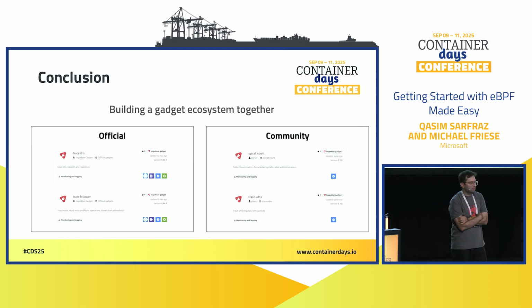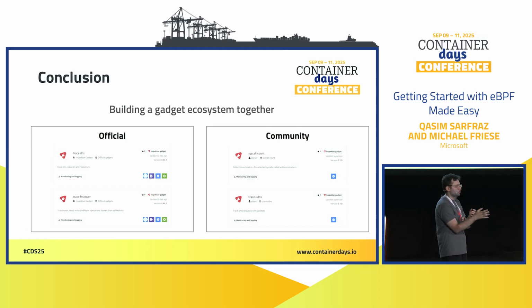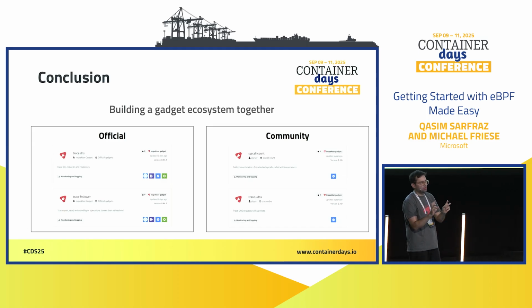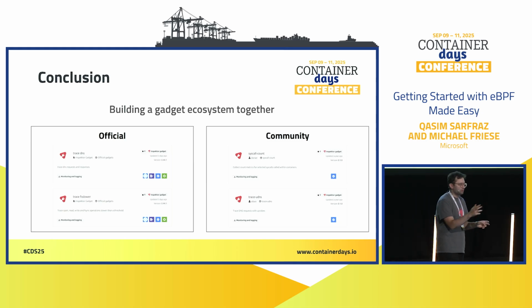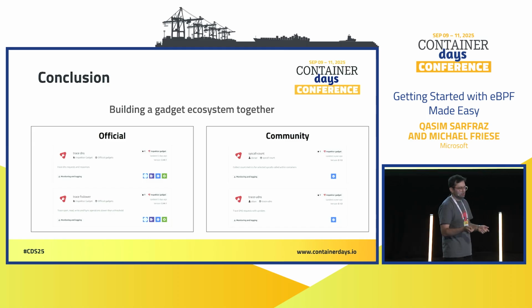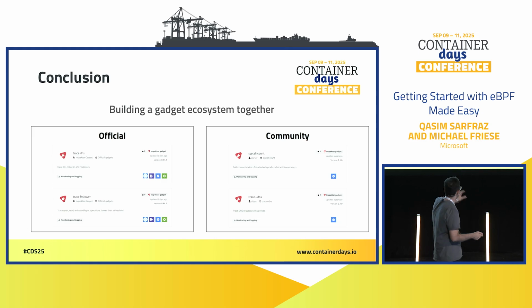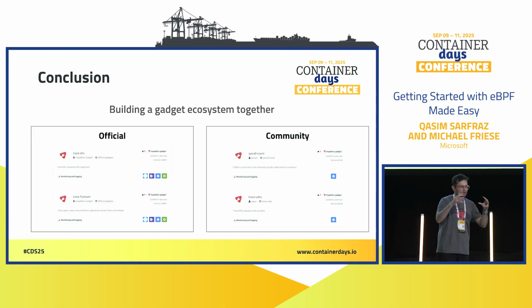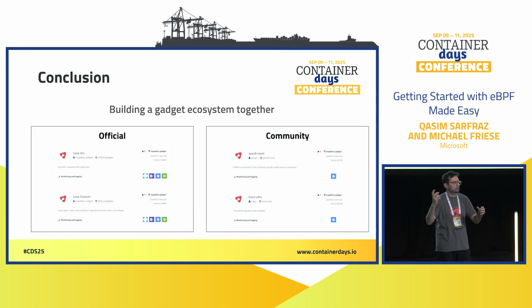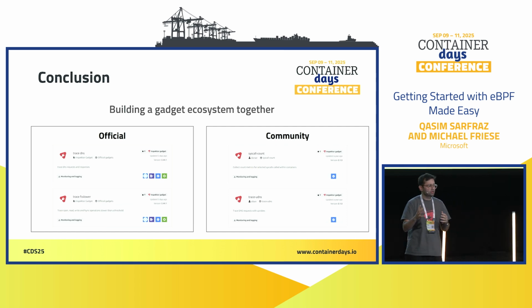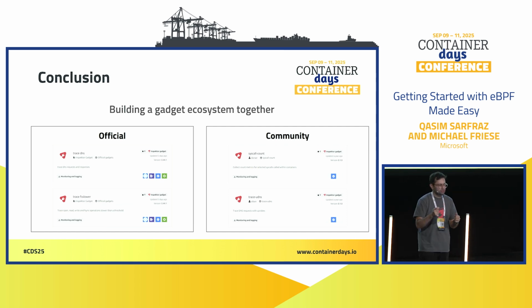Okay. So by now, you probably have an idea of how you can build an eBPF program or a gadget from an existing gadget and take it all the way to Kubernetes or export metrics out of it. We're trying to build an ecosystem around gadgets. So we have this set of official gadgets, like a catalog of gadgets that solve some problem for you, like trace DNS, trace TCP, and around different networking, and also other information to help you debug things.